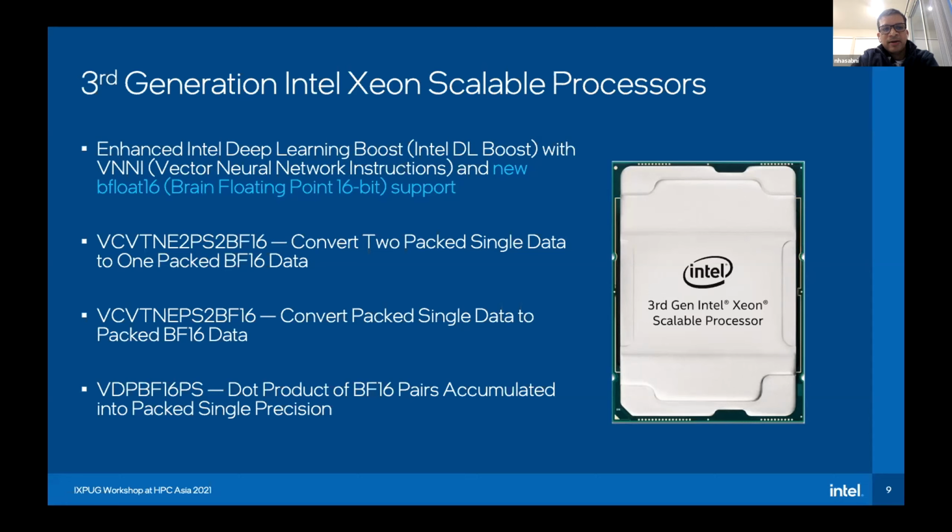It is part of a technology called DL Boost, which contains support for BFloat16 instructions. There are 3 new instructions added as a part of DL Boost. Two of those instructions convert packed single data into BFloat16 data type, whereas the third instruction is a dot product of BFloat16 pairs that accumulate into packed single precision.